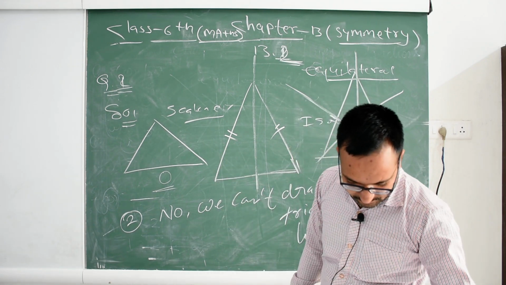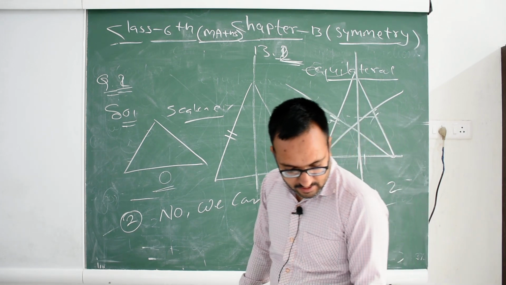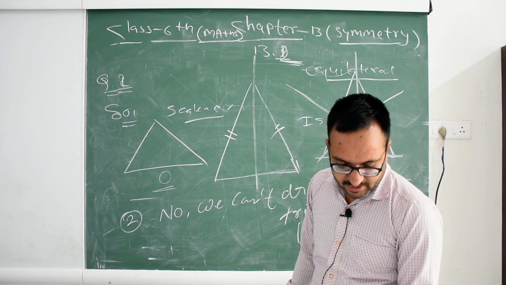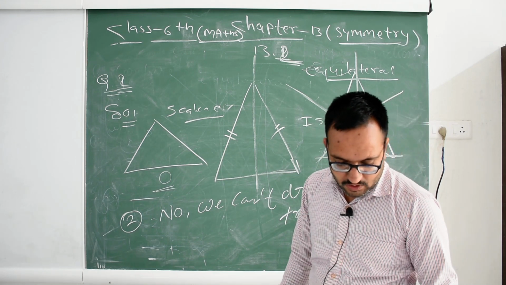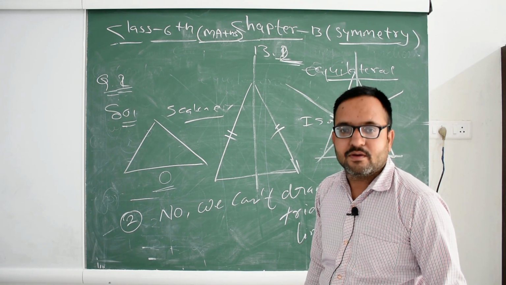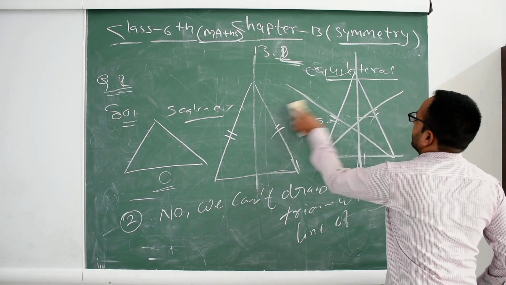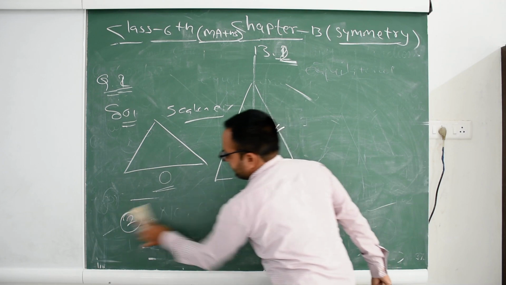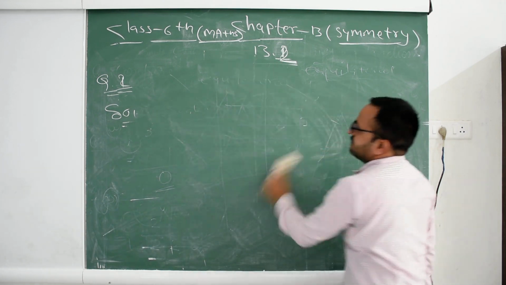Now question number 5: a triangle with a horizontal line of symmetry but not a vertical line of symmetry. Now we try to draw a triangle which has only a horizontal line of symmetry.